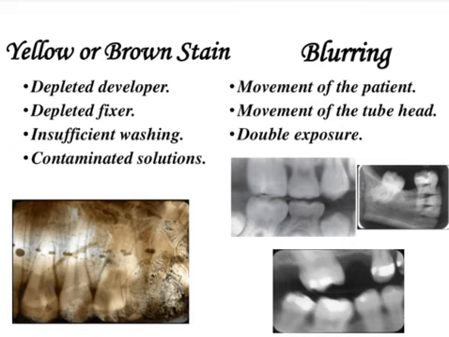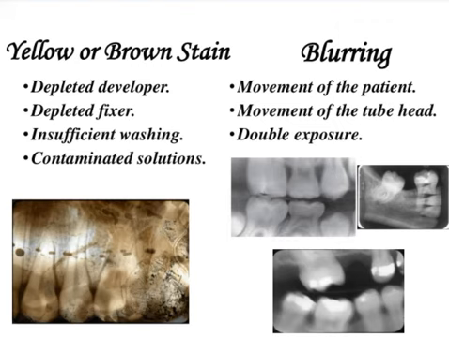That means you did not tap the X-ray film and remove the excess developer and took all the solution into the rinsing solution. From there, you took again some of the developer solution to the fixing solution. So such cases can contaminate the solution and you can see yellow or brown stains in the image.